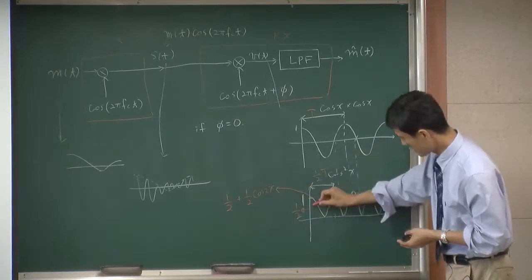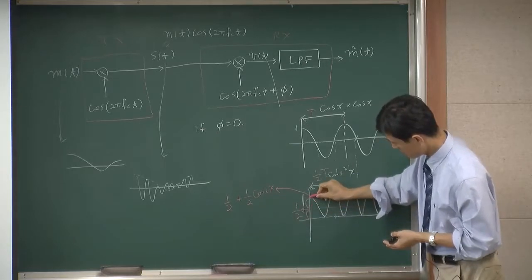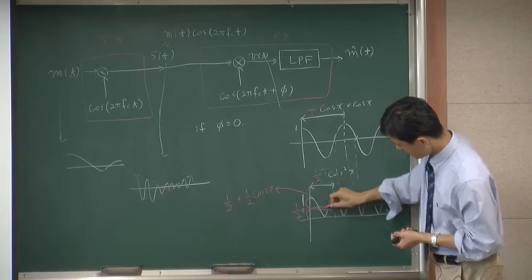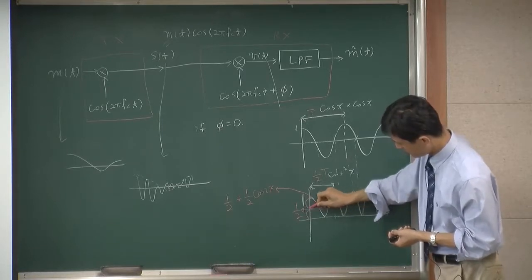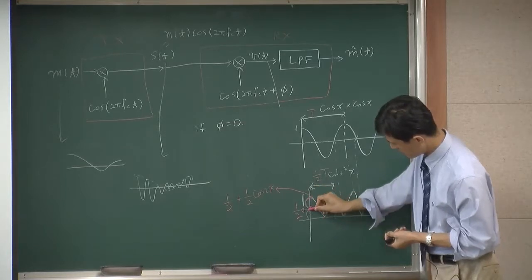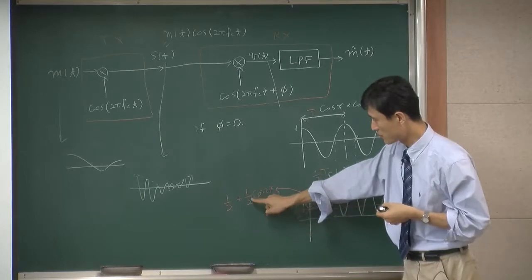Plus, in this case, the amplitude here is 1/2. From the mean point of view, the maximum peak is going to be 1/2, and the minimum is -1/2, so you should have 1/2.